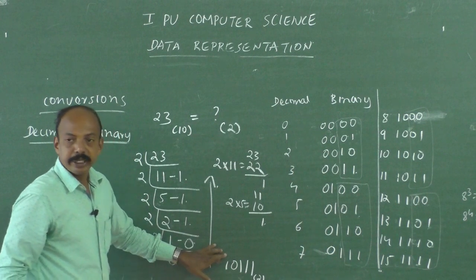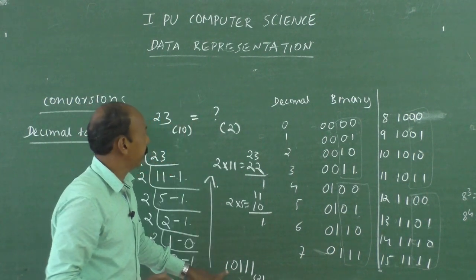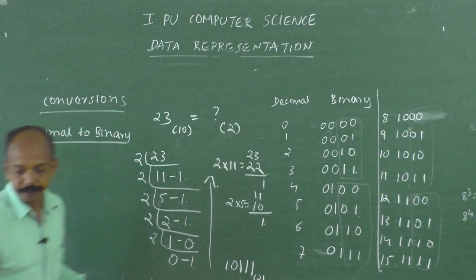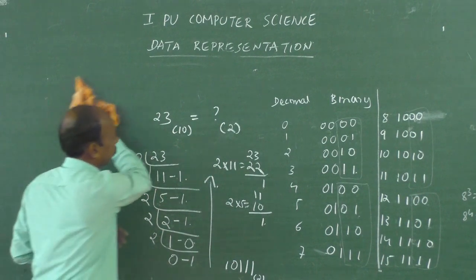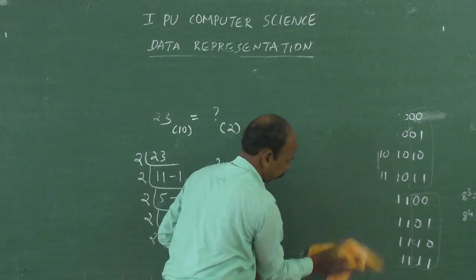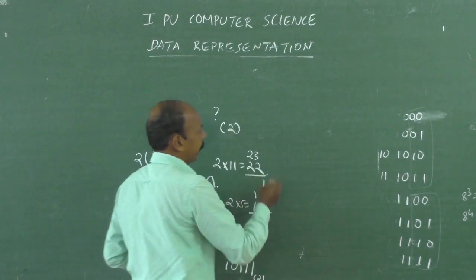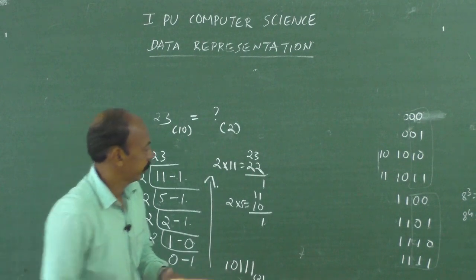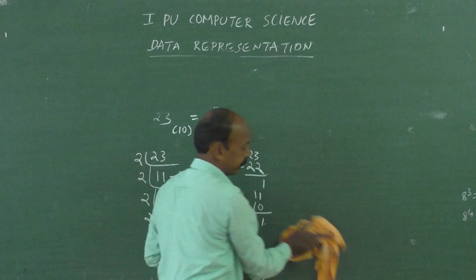There is a technique to check whether we have written it properly or not. How is it? See, what could be done here is, when we write the binary number systems, we write the positional values or positional weights.